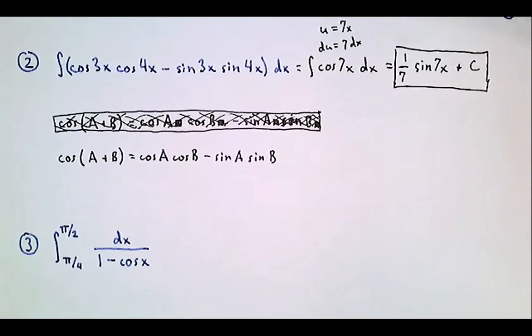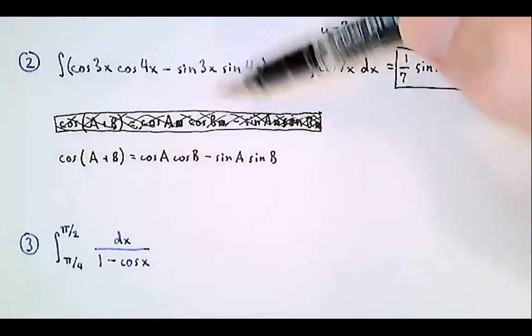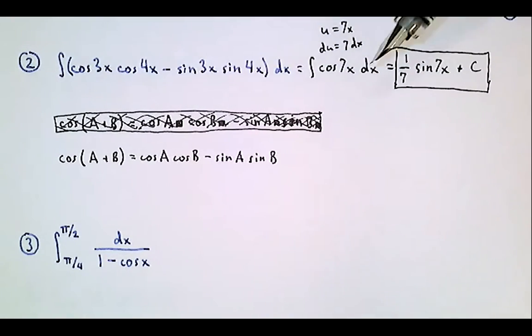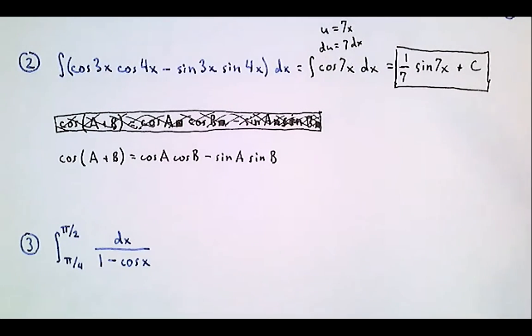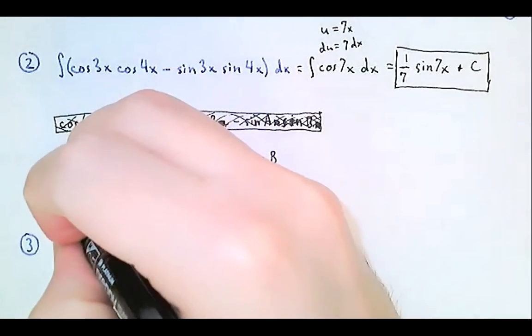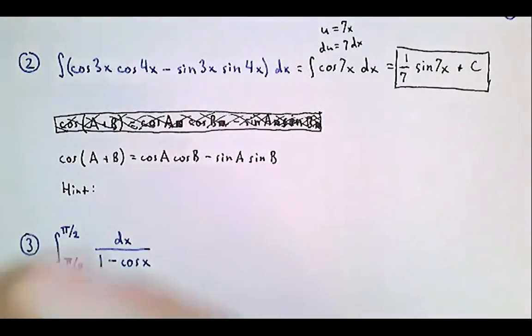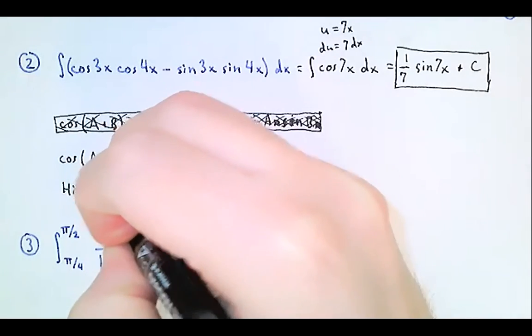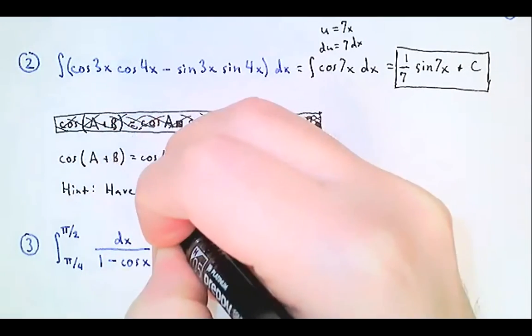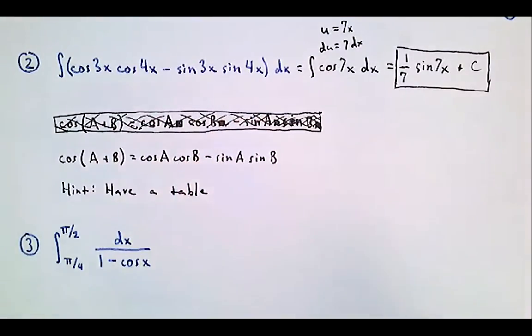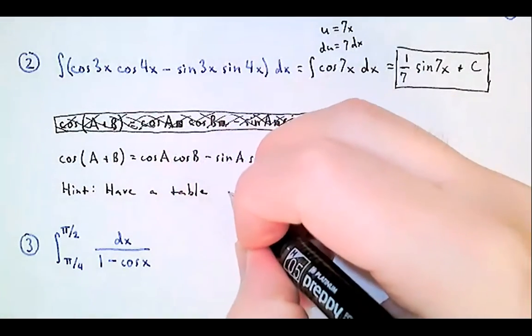Okay. So the new thing that we're learning in this section is to take complicated expressions and rewrite them in simpler forms. And then maybe I'll write what I was saying earlier, my little hint. It's just to have a table of trig formulas handy so that you can look at it when you need to.